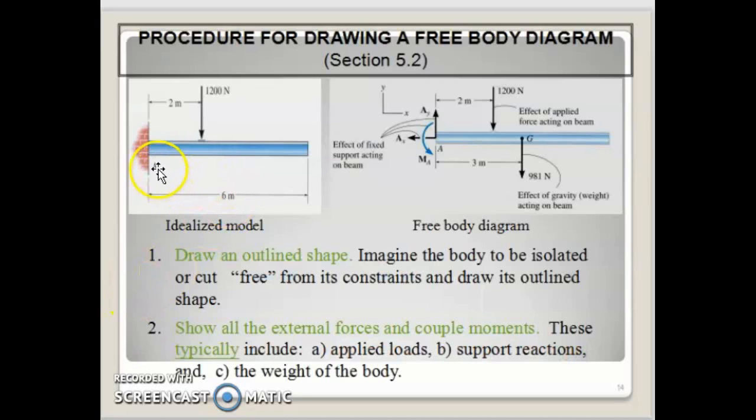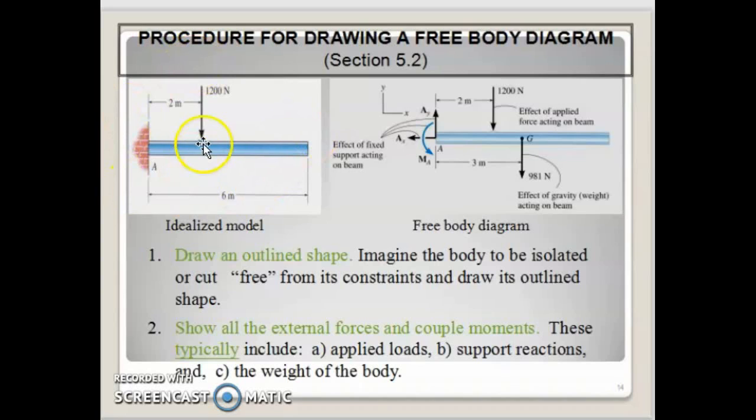Previously I already explained that if you want to draw a free body diagram, you need to consider all the forces involved in this structure.